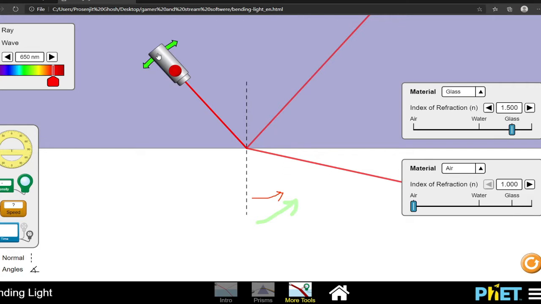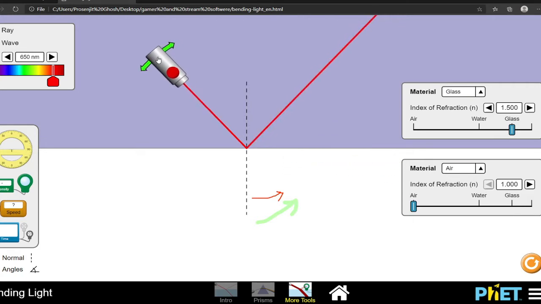I'm also increasing it, and at such a position you will see that finally the light will come along the surface. So that is called the critical angle. This part is called the critical angle.